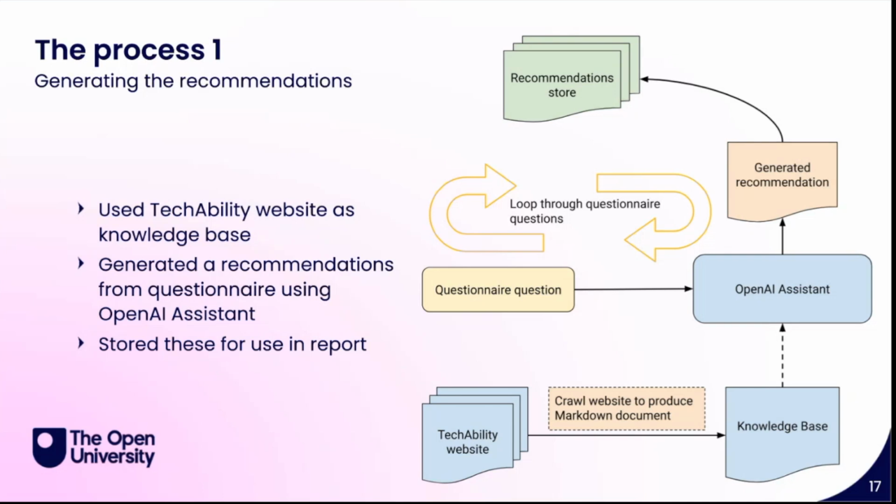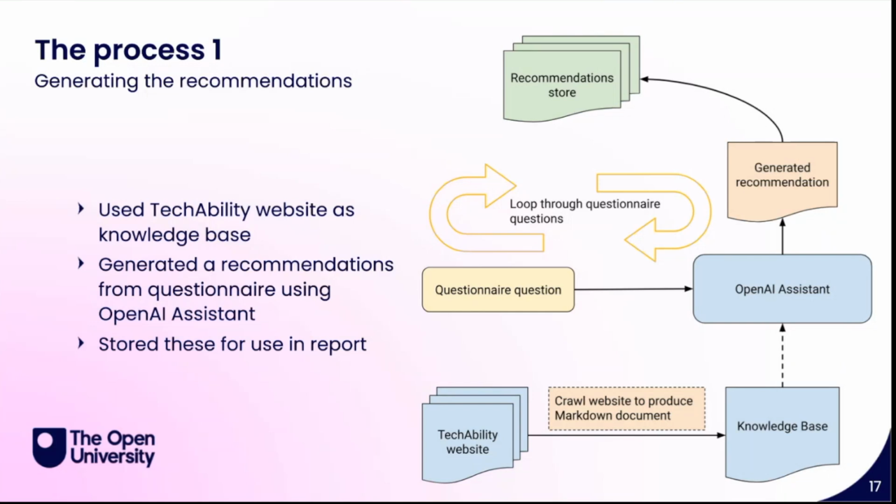The way we did that, we actually used AI to produce the final knowledge base document. The system that we'd created crawled the Techability website, and from the raw HTML that we stored, we used AI to convert it into Markdown, which is a much lighter weight form of marking up documents.